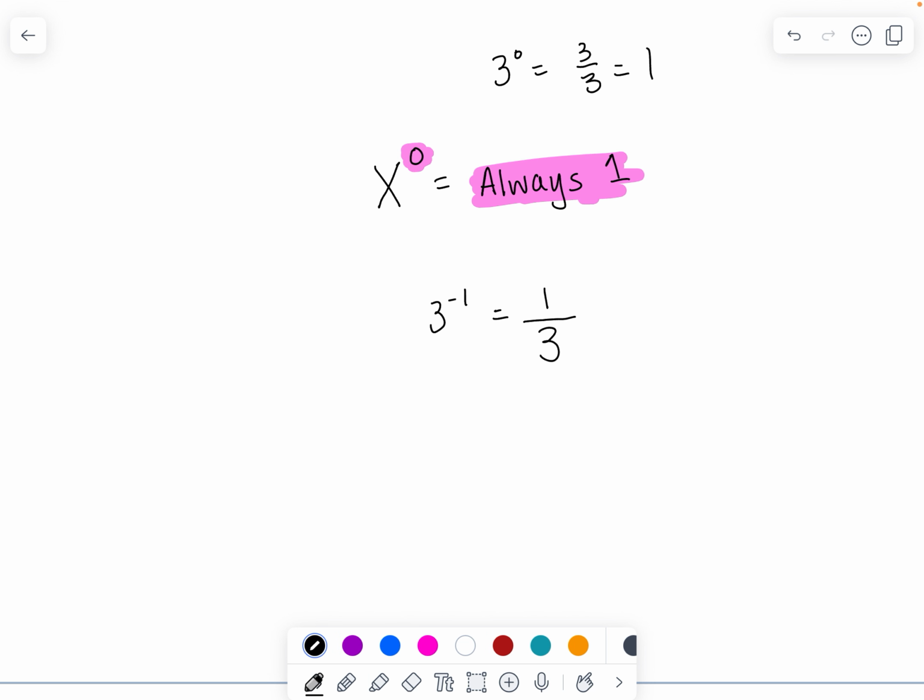So when we have an exponent that's negative, what it does is it pushes that number and its exponent into the denominator.